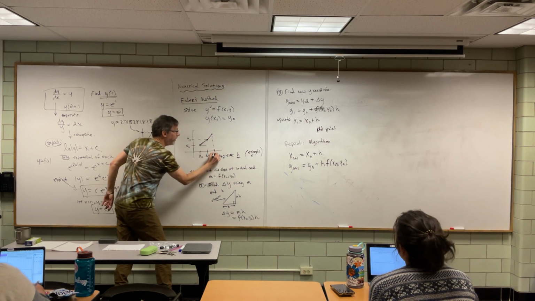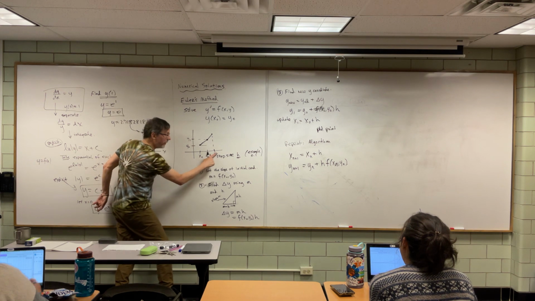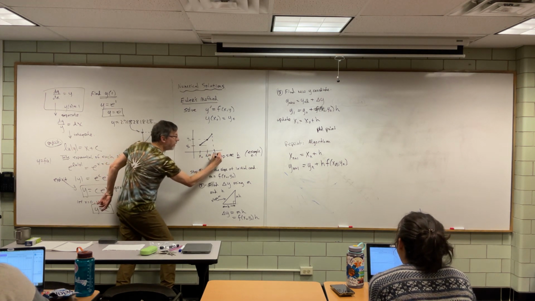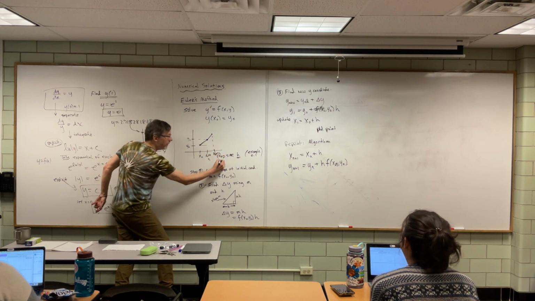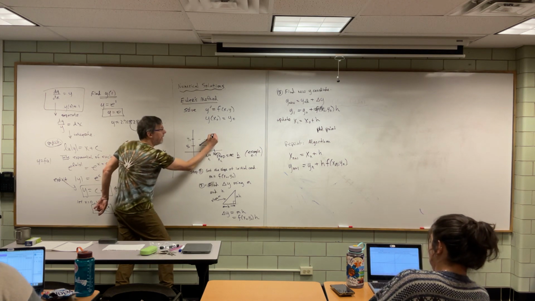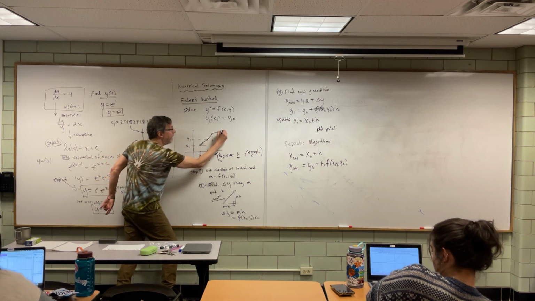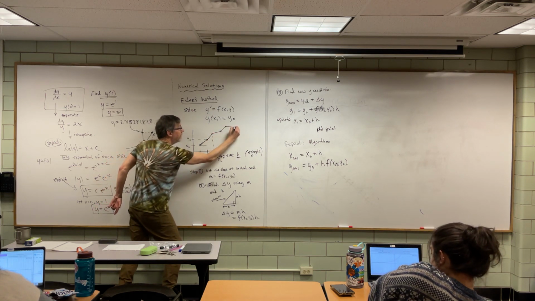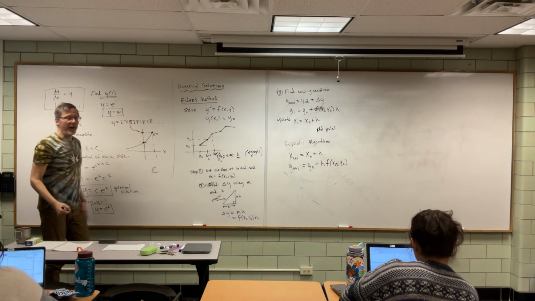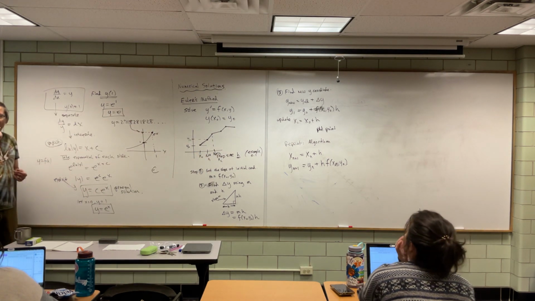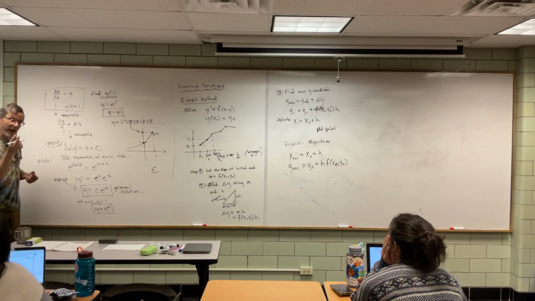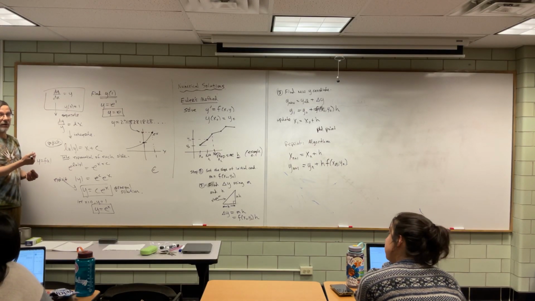The x is always going to step by a regular amount, so this is going to be x naught plus 2h. That's x2. And then maybe it turns down, and then maybe it goes up, we don't know. Draw that picture. The finer h's, the smaller h's, the better that picture's going to look.